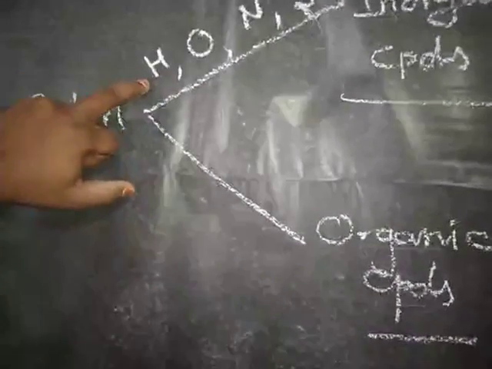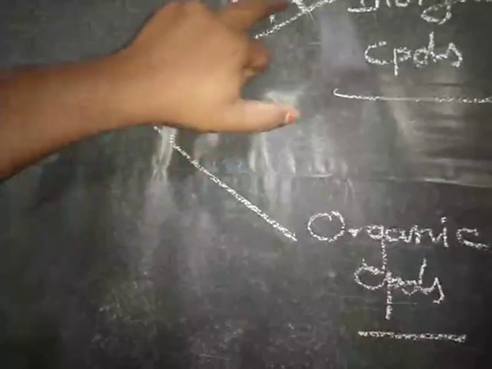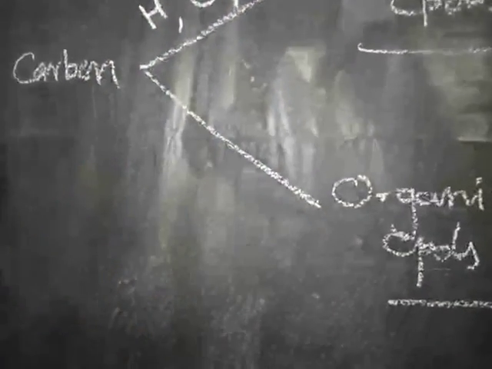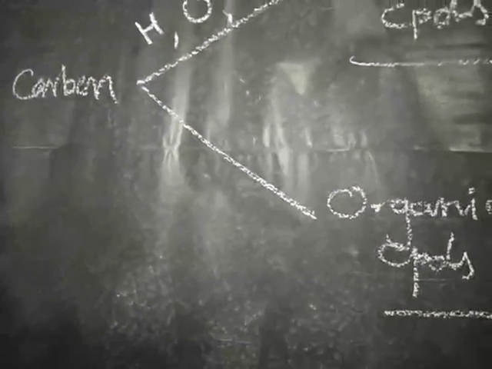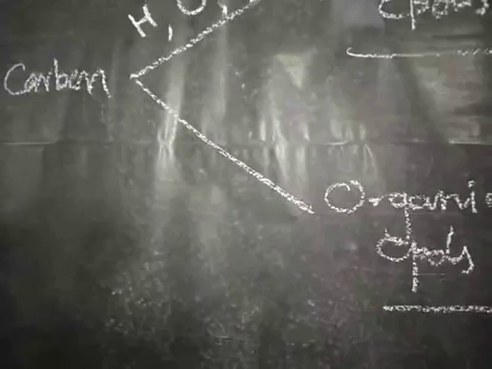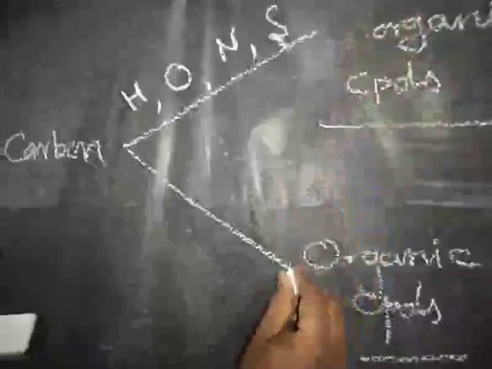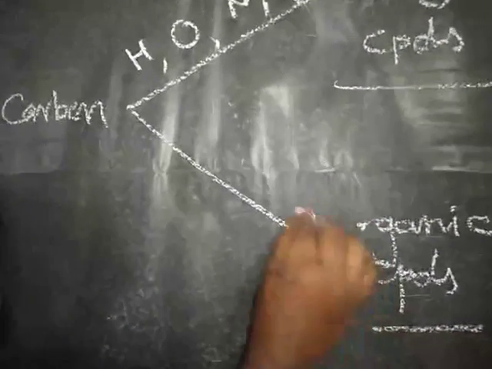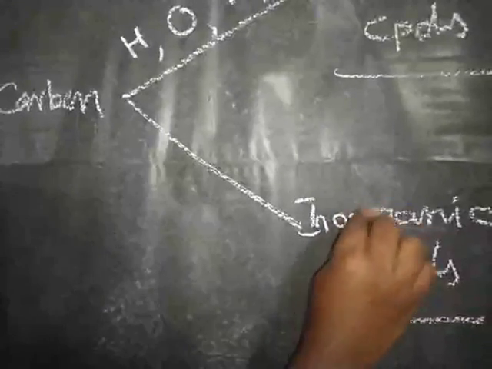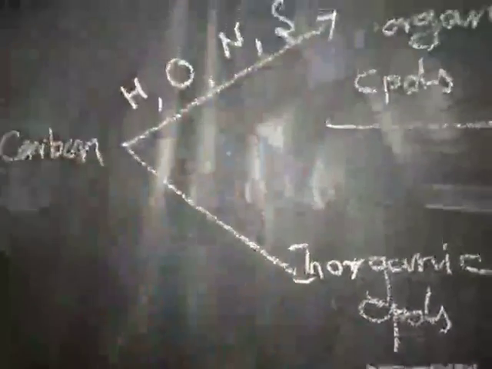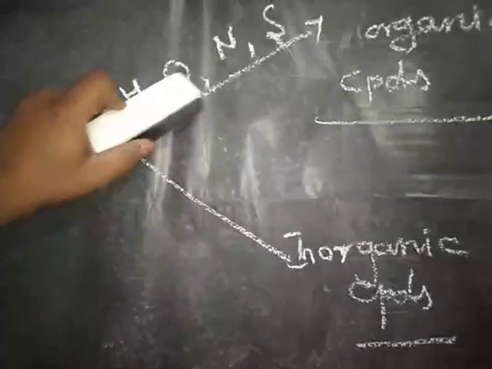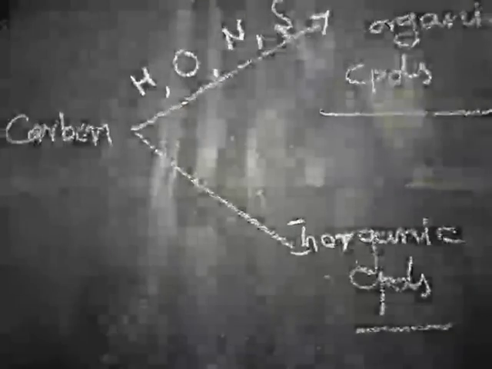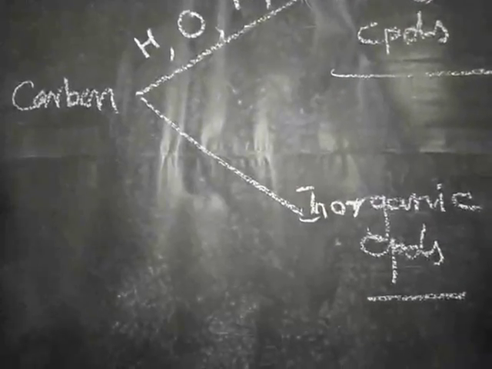Carbon combined with hydrogen, oxygen, nitrogen and sulfur forms different types of organic compounds.